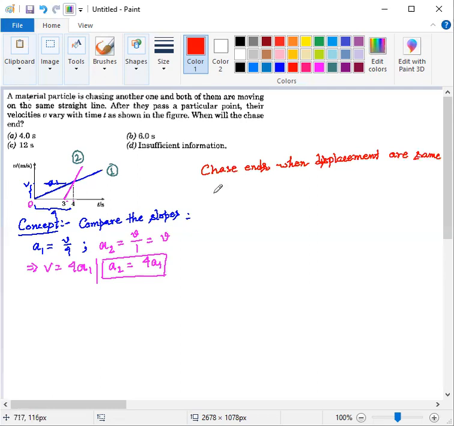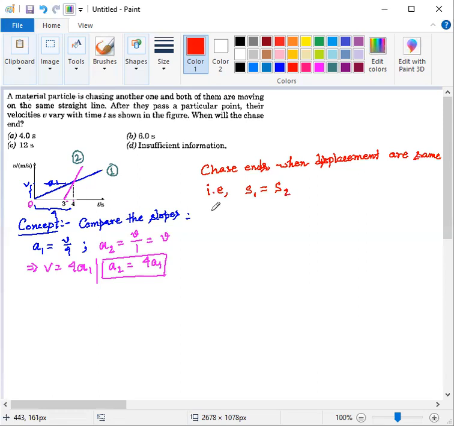So let us say the displacement covered by the first particle is S1. When the chase ends, at that particular case, S1, the displacement covered by the first particle, equals the displacement of the second particle, S2.